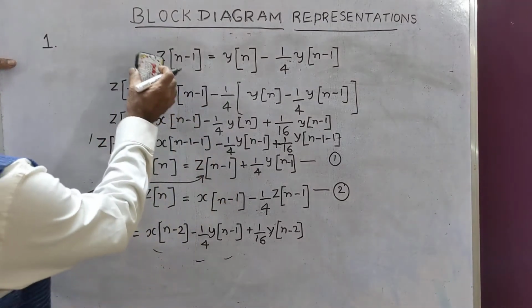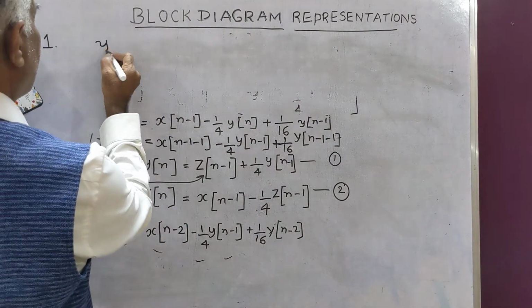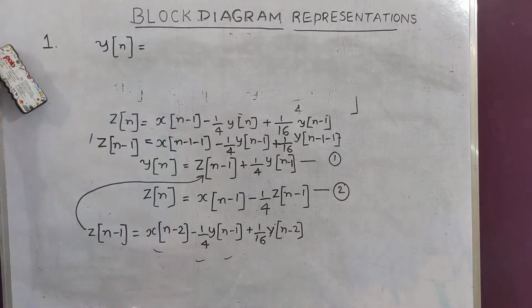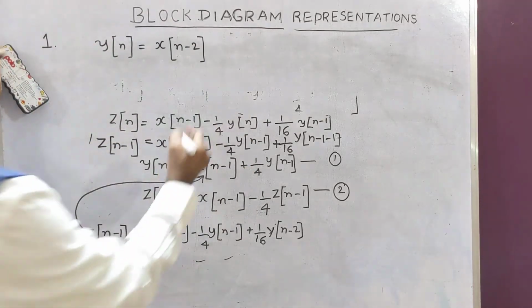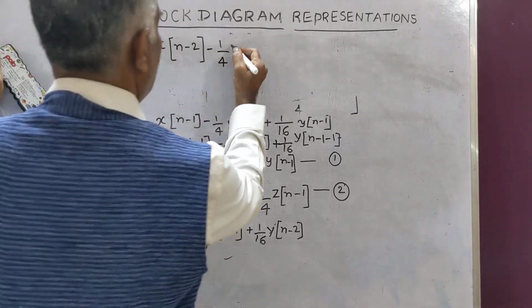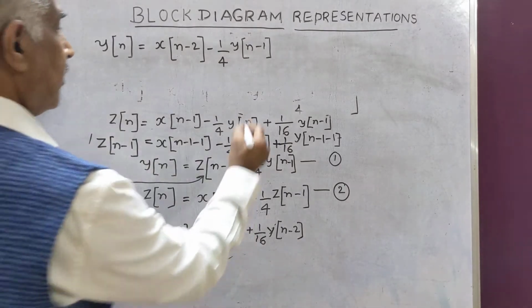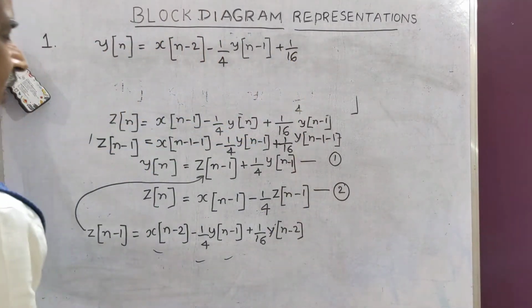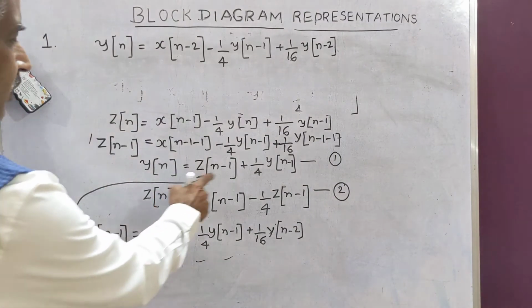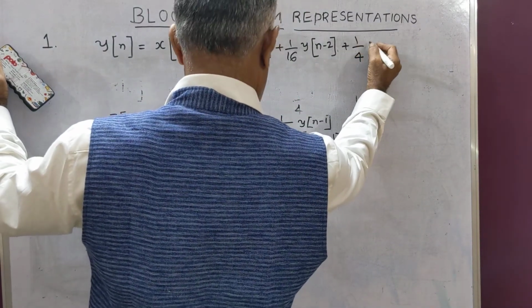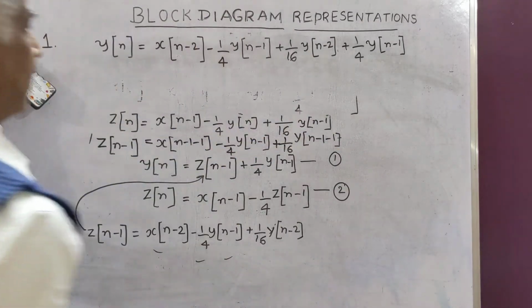If you substitute here, it becomes y of n is equal to x of n minus 2 minus 1 by 4 y of n minus 1 plus 1 by 16 y of n minus 2 plus 1 by 4 y of n minus 1.